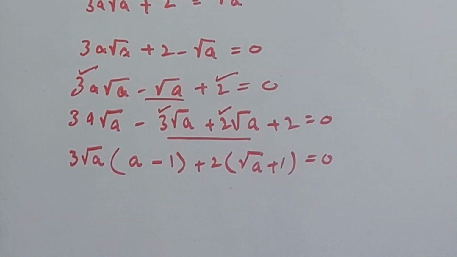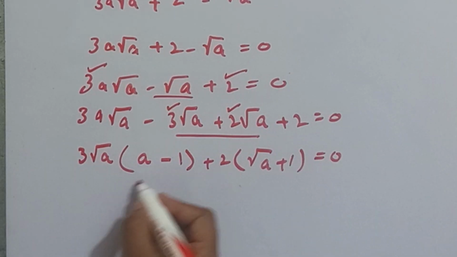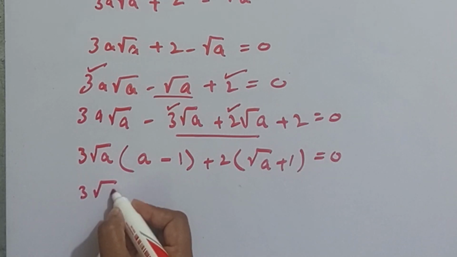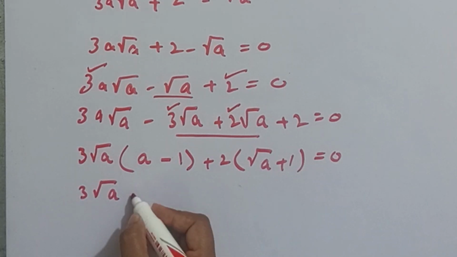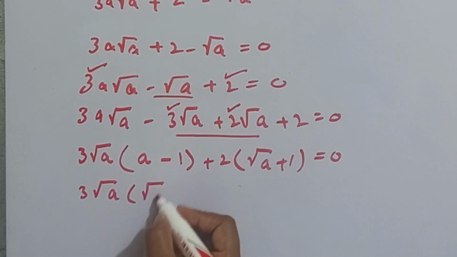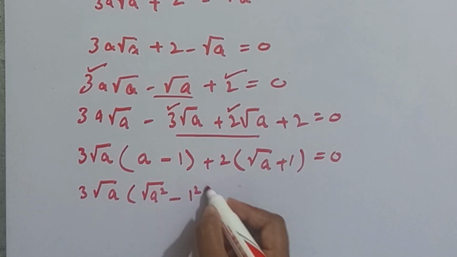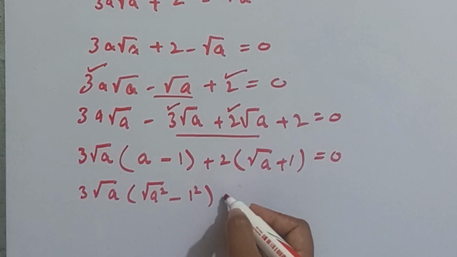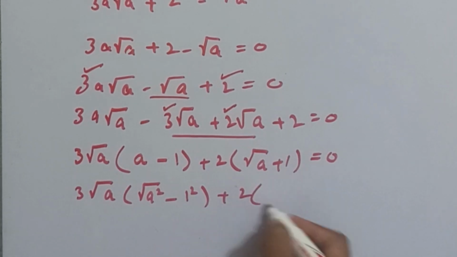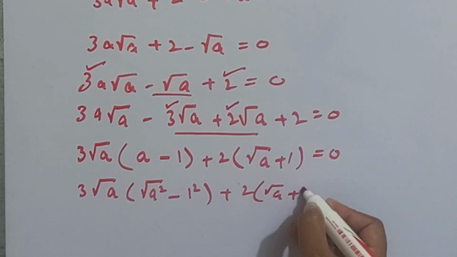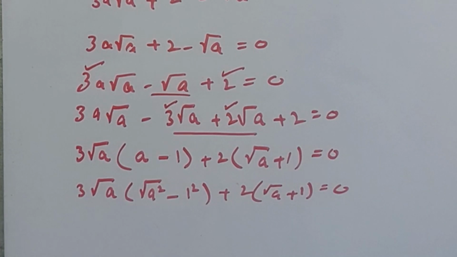Now in the next step, look at this value, a − 1. We write this as (√a)² − 1², and we copy the remaining value, which is 2(√a + 1). This is equal to 0.